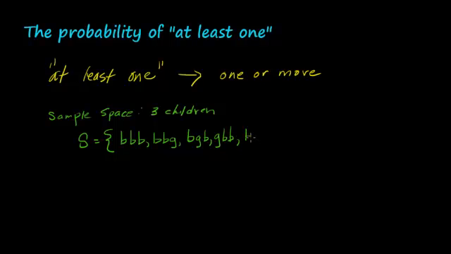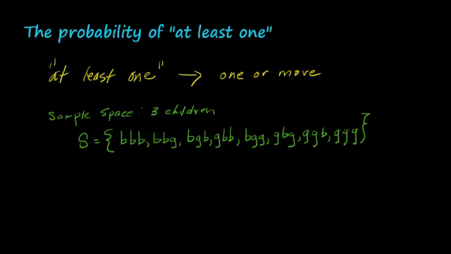Or we could have 1 boy and 2 girls, and there are 3 combinations of that. And finally, all girls. So we see the number in our sample space is 1, 2, 3, 4, 5, 6, 7, 8. So there's 8 combinations when a couple has 3 children with regard to the gender.